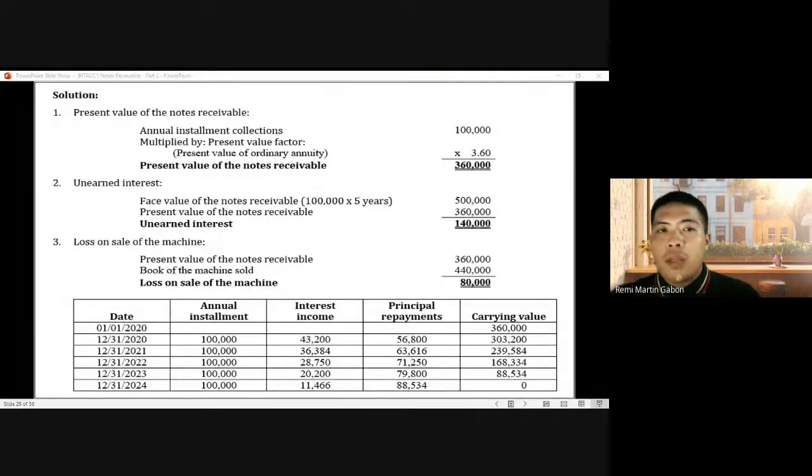Always take note that the face value of 500,000 already includes principal and interest. If unearned interest stands as the interest, then the present value of the note of 360,000 is assumed as the principal.